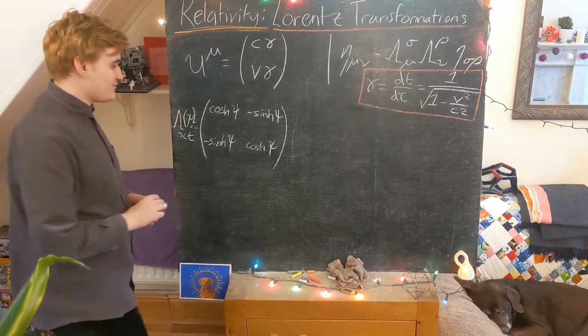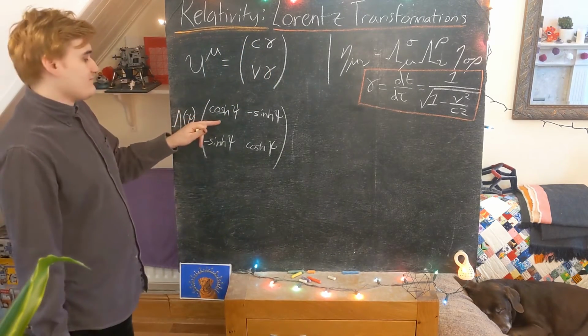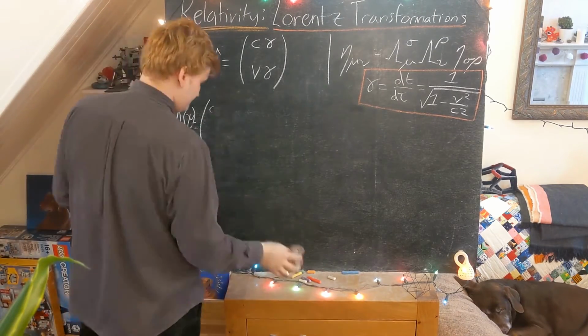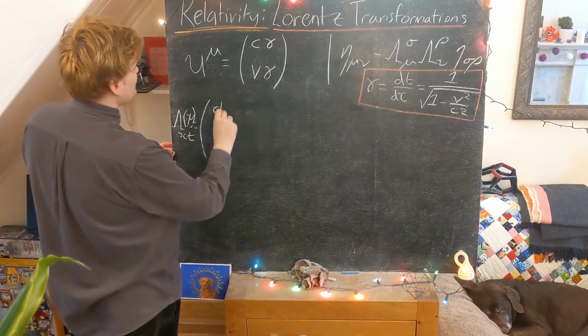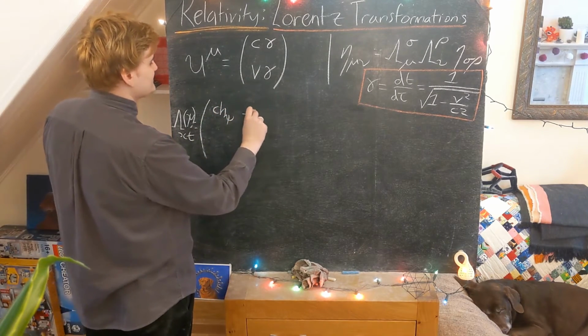Okay, so to save myself a bit of writing and a bit of space, I'm just going to rename cosh and sinh, just giving them a shorthand. So I'm just going to rewrite cosh as a ch sub psi, and the same for sinh.